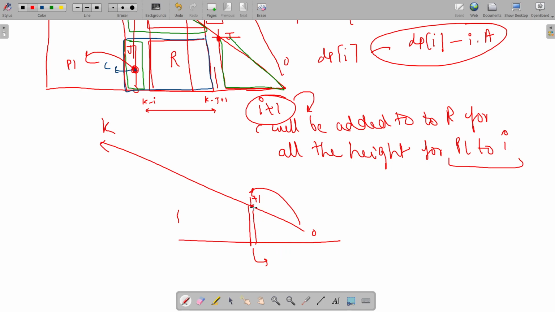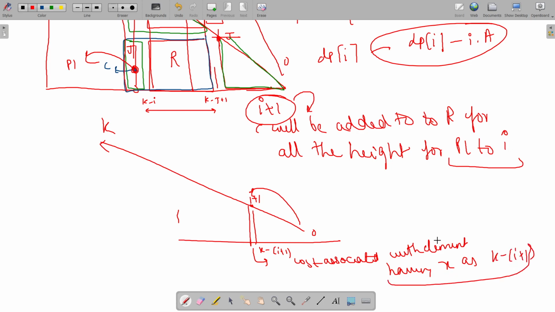So this is height I plus 1, so the x coordinate will be k minus I plus 1. So all the cost associated with elements having x coordinate k minus I plus 1, only they will be considered here, because all the other elements, since we are calculating dp of I plus 1, won't matter, and they will be used when we calculate for some bigger height.